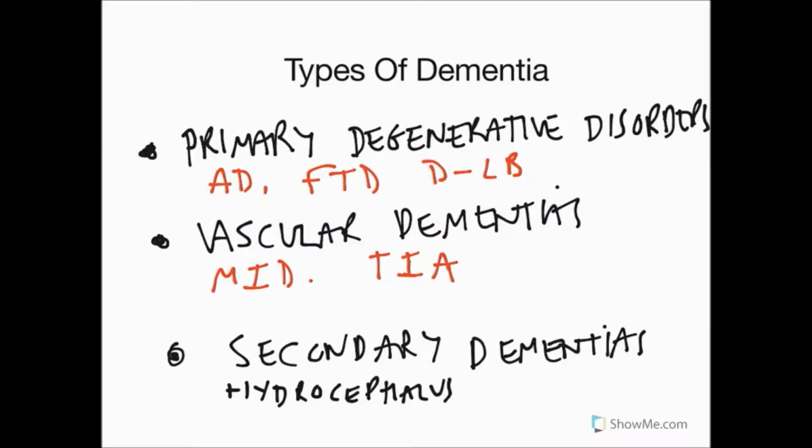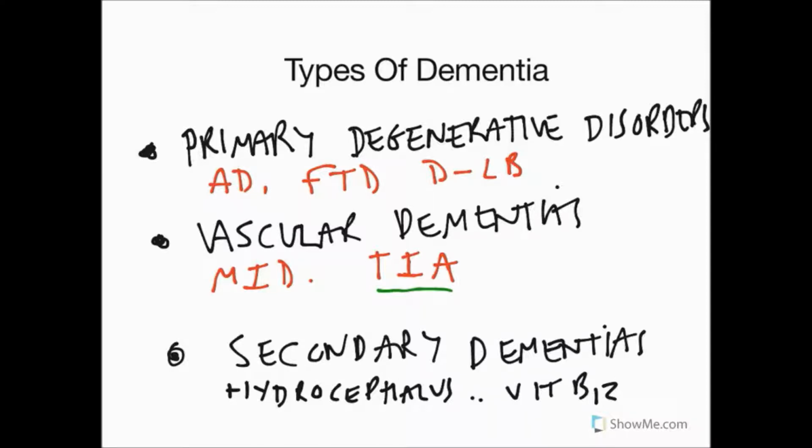We might have deficiencies, so we might have B12, which is a common one, and many of these types of secondary dementias would be reversible, unlike vascular dementias. Well, vascular dementias might be if they're transient ischemic attacks, but certainly primary degenerative disorders are not reversible, and that's where a great deal of time and money is spent in terms of research.